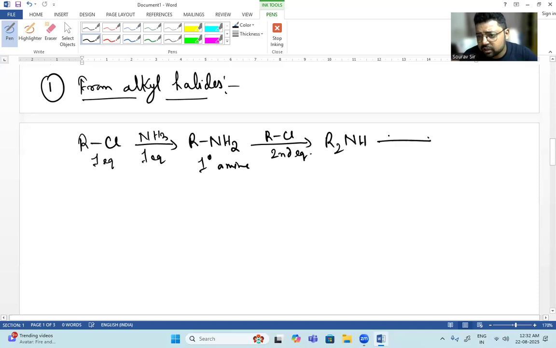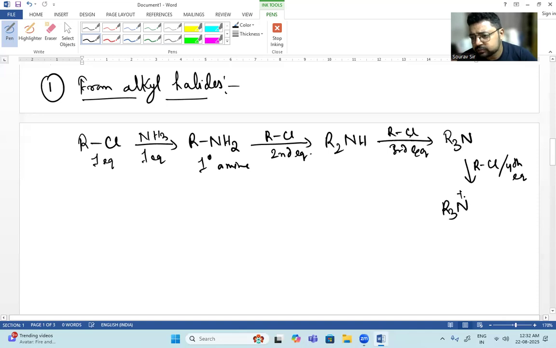If I have a third equivalent of RCl, then I will get a 3 degree amine. And if I have a fourth equivalent of RCl, then I will get a quaternary ammonium salt.